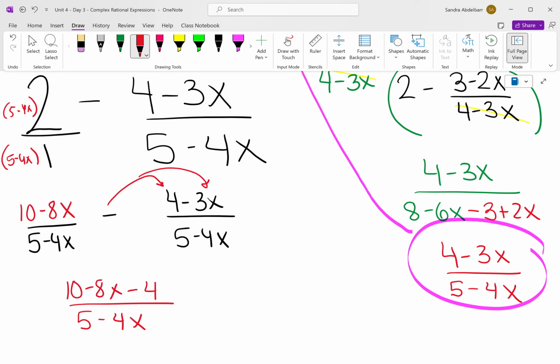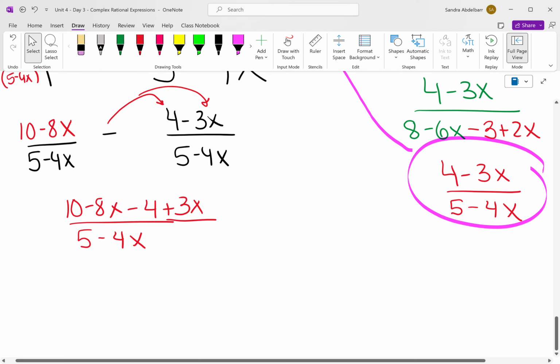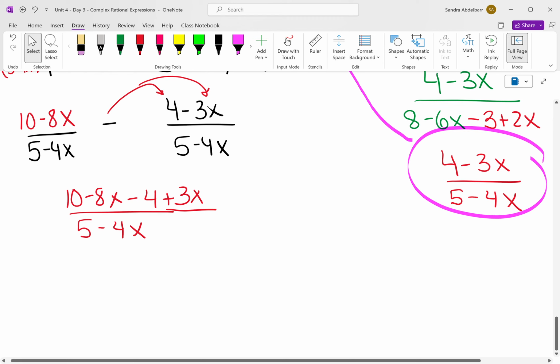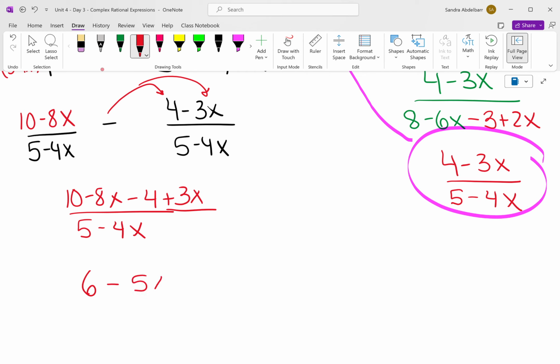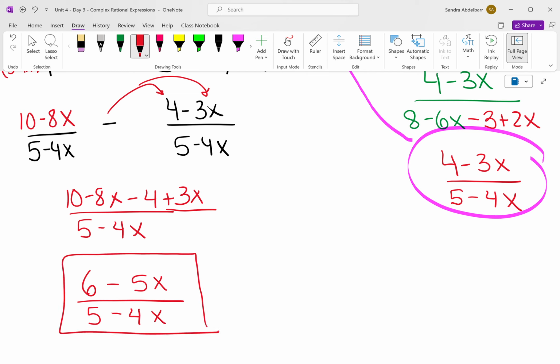And now we keep our denominator, and we have 10 minus 8x. We need to distribute in that negative, so minus 4 plus 3x. So now we're going to have 6 minus 5x all over 5 minus 4x. There's nothing else we can do there, so we stop.